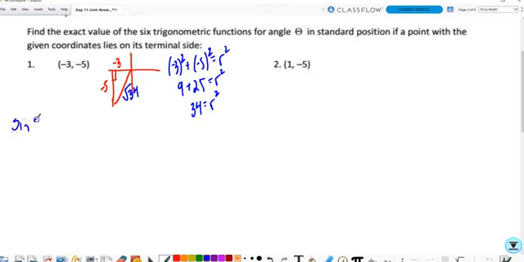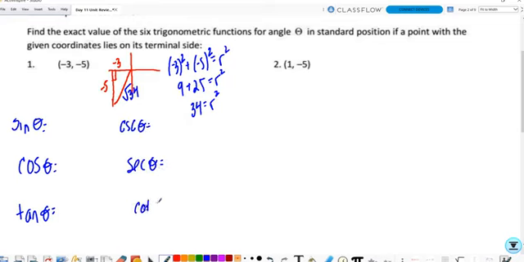So we have sine, cosine, tangent, and then all the reciprocals, cosecant, secant, cotangent. All right, sine is y over r, cosine is x over r, tangent is y over x.